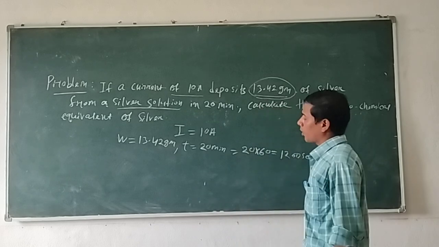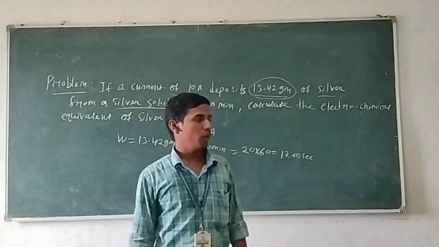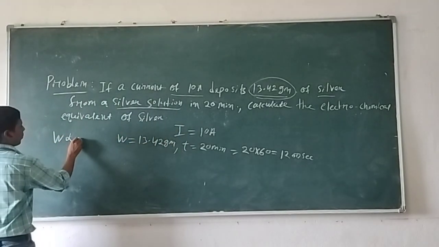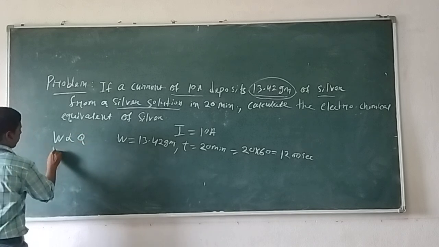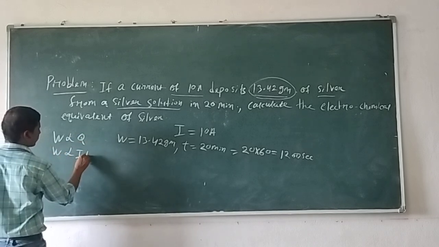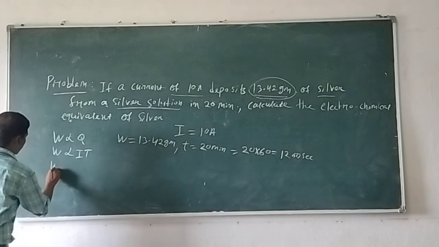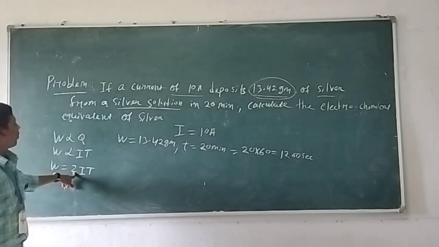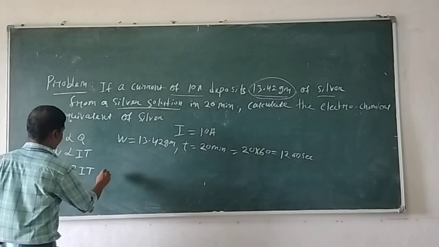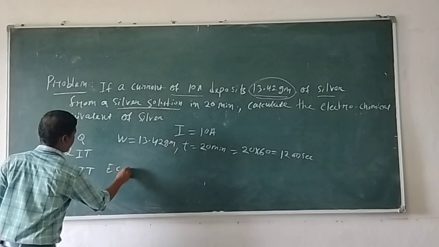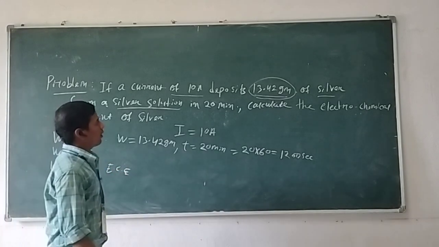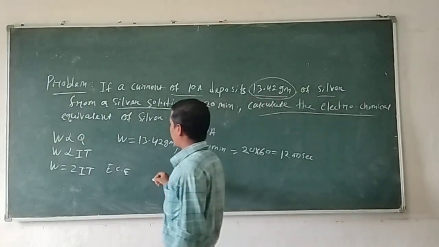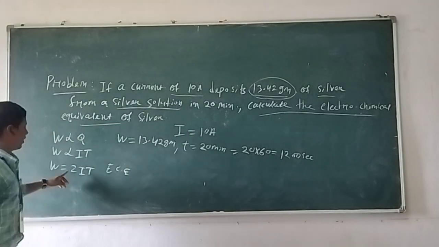From Faraday's first law, W is proportional to Q, or W is proportional to IT, and W equal to ZIT. Here Z is called the electrochemical equivalent, or ECE. In our question, we have to calculate the electrochemical equivalent of silver, that is, we have to find Z.